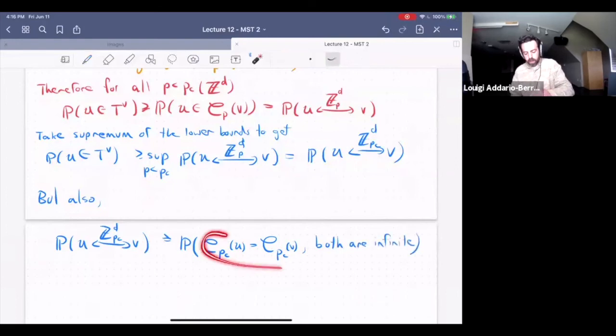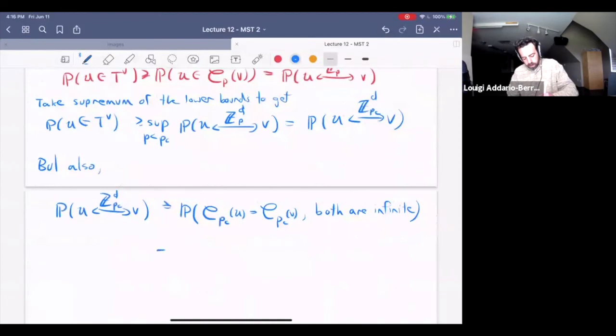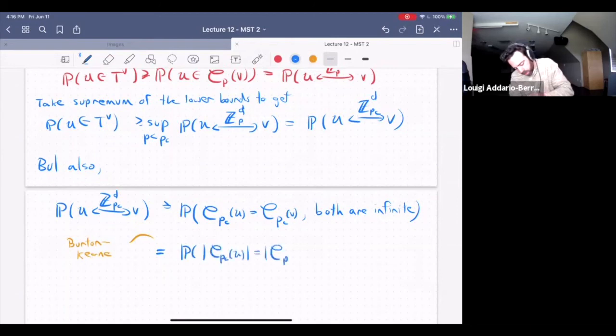Just because this is one particular way for this to happen. But now, because Burton-Keane tells me that almost surely there are unique infinite components, this is the same as the probability that both components are infinite.